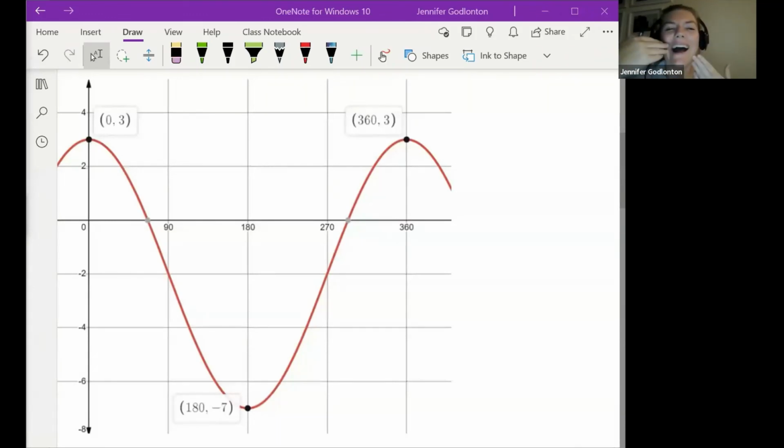No, I'm trying to hide facial expressions so that everyone can give it a go. But I will say that we're starting at a maximum. That's all I'll say.